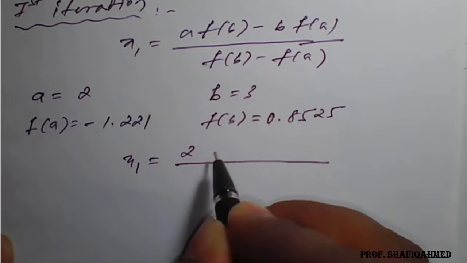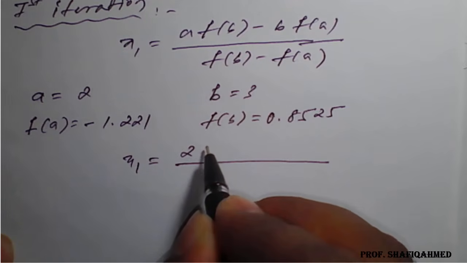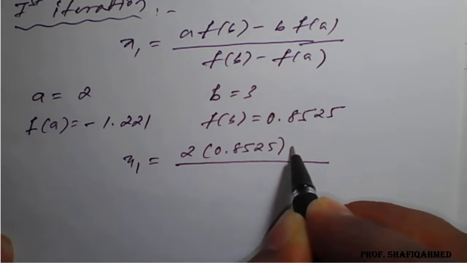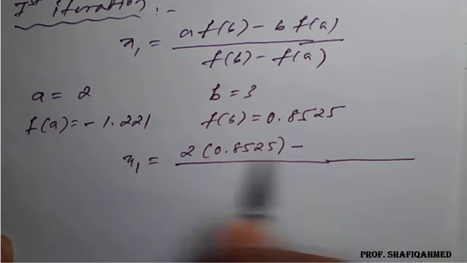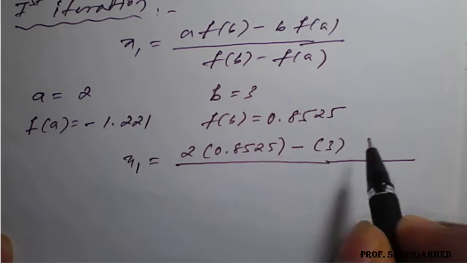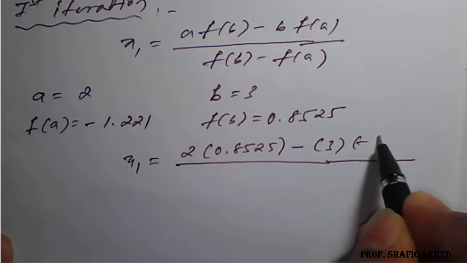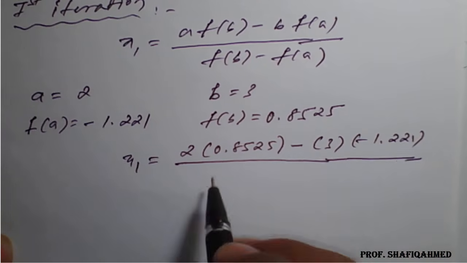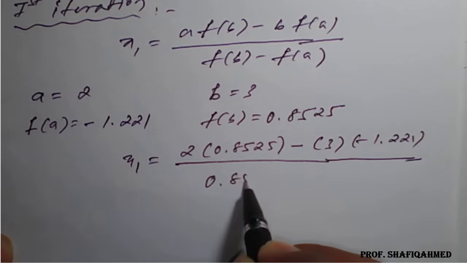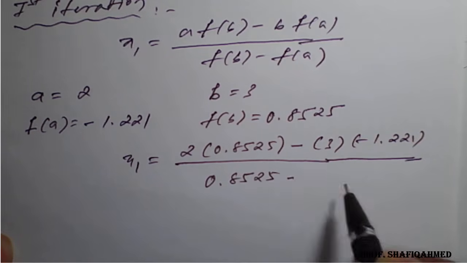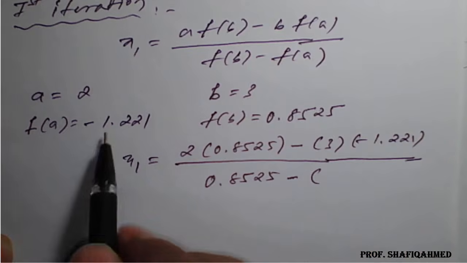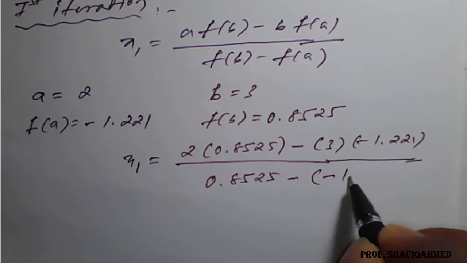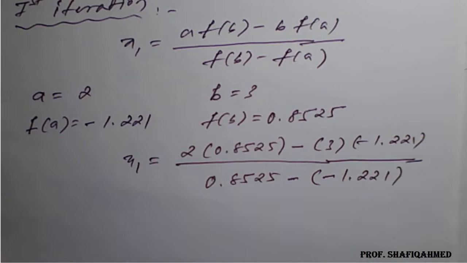Now we apply this in the formula: x1 is equal to a value 2, times f of b, that is 0.8525, minus b value 3 times f of a value minus 1.221, divided by 0.8525 minus f of a, which is minus, so I'm putting a bracket here, minus 1.221.